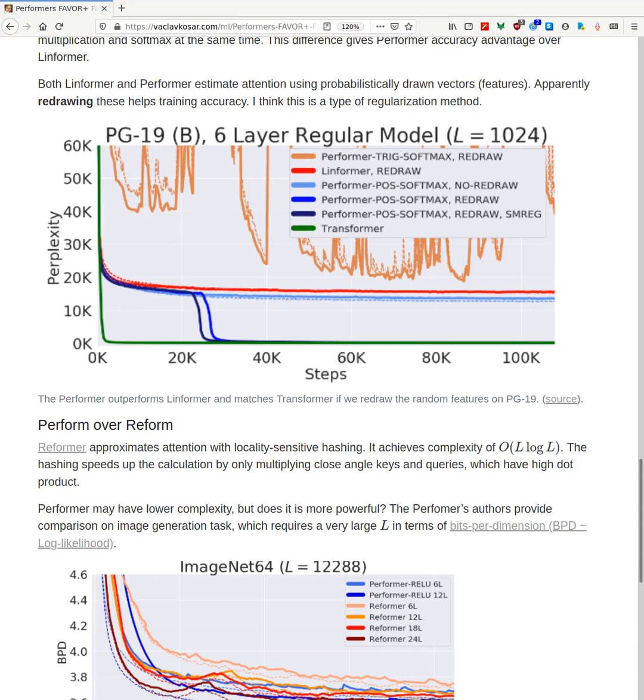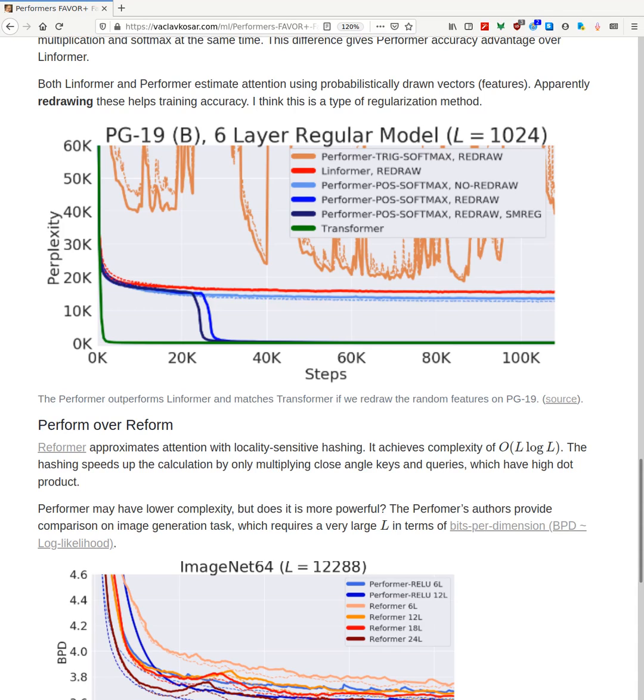What they explain here is that you don't have to stick with the random vectors you've selected. Linformer also does this sparsification and has an element of randomness in it. And so if from time to time you redraw these random vectors, you will get a better approximation.